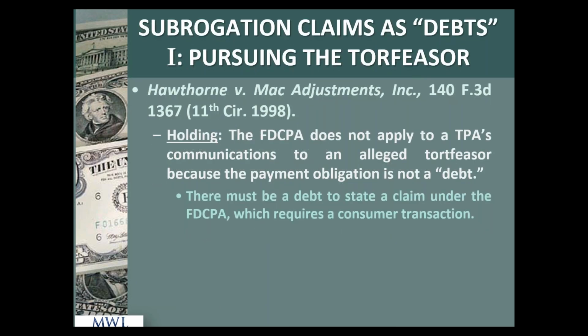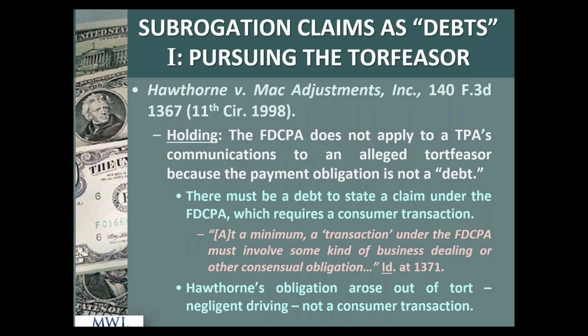So the court looked at this and said, well, this isn't going to apply here because we're not talking about a debt. If you're going to have a debt collector, you have to have a debt. And in order to have a debt, you have to have a consumer transaction.